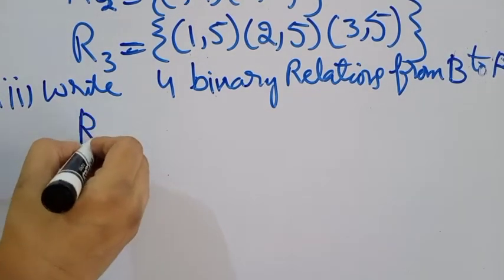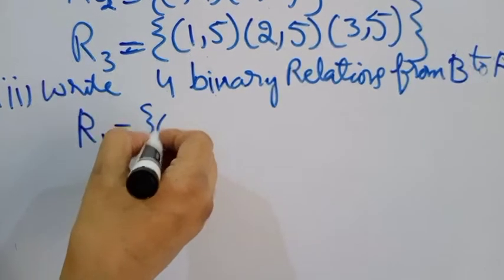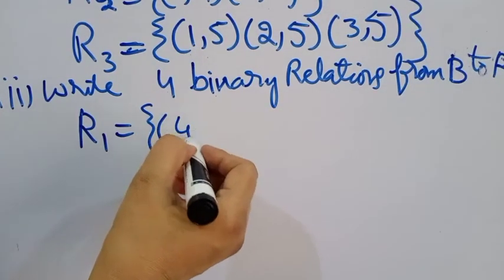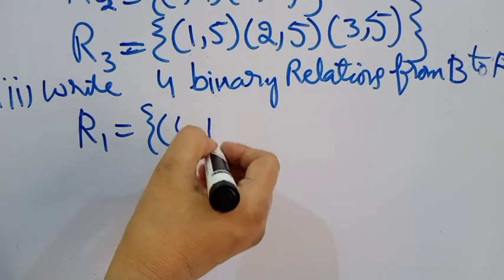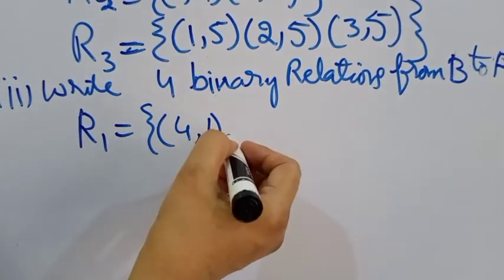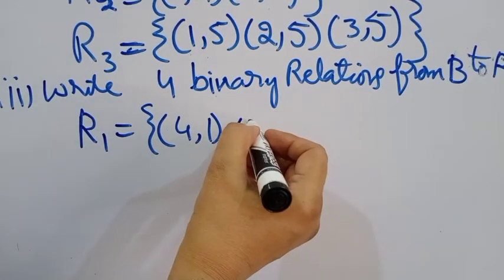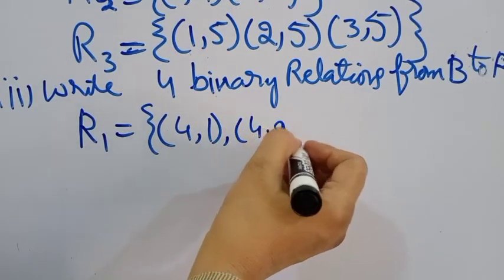Here R1 is equal to, we know that set B has elements 4, 5, so (4, 1) from set A. We have to find 4 binary relations, and (4, 2).